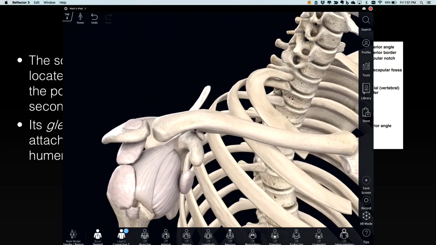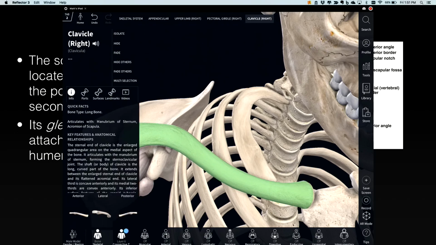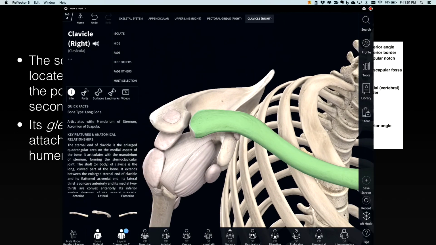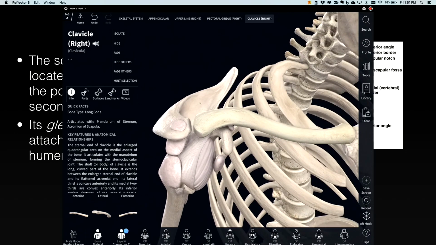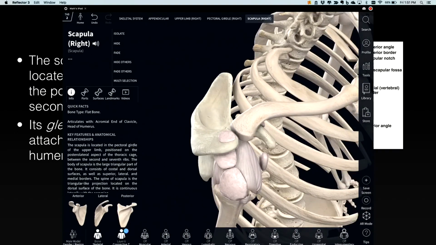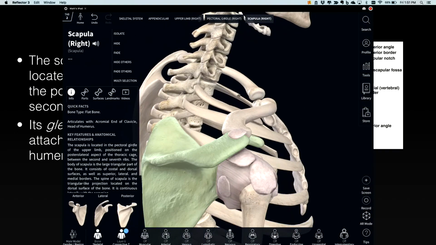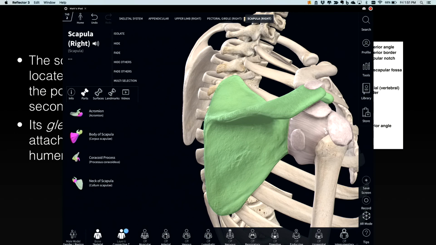Right now, just focus on the clavicle and the shoulder blade. So the clavicle we are okay with. It's a fairly simple bone, but the shoulder blade is a little bit different. So let's take a look at some of the different parts.